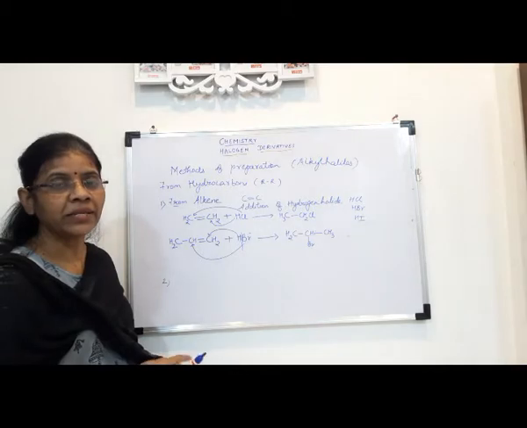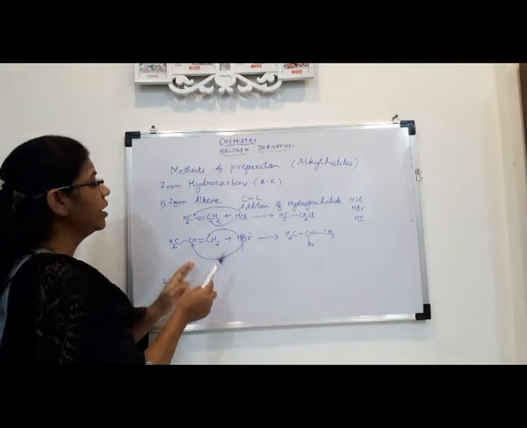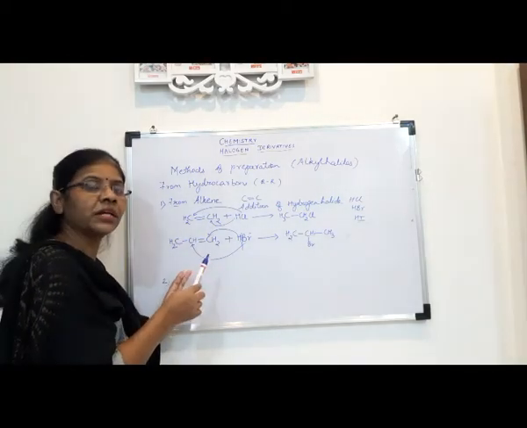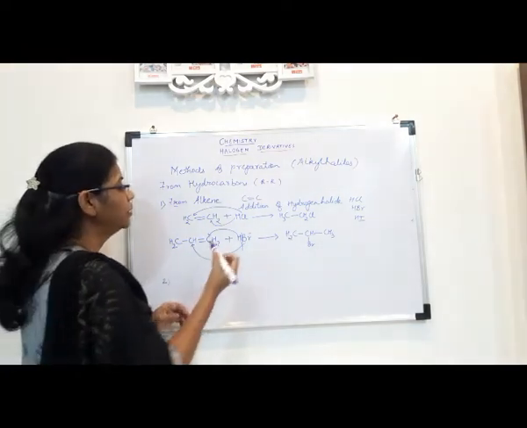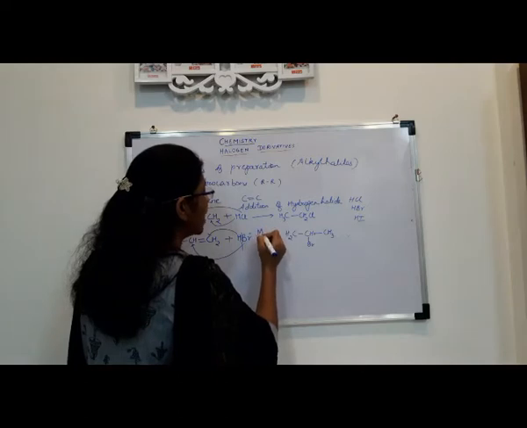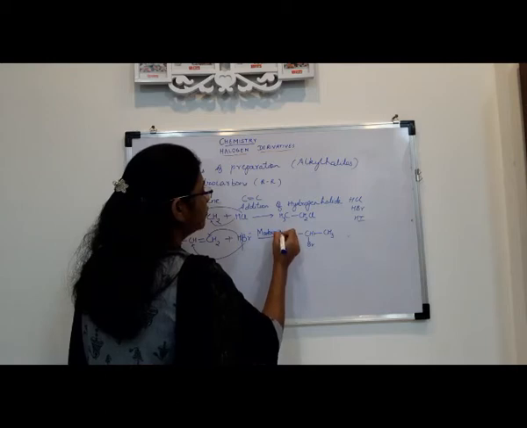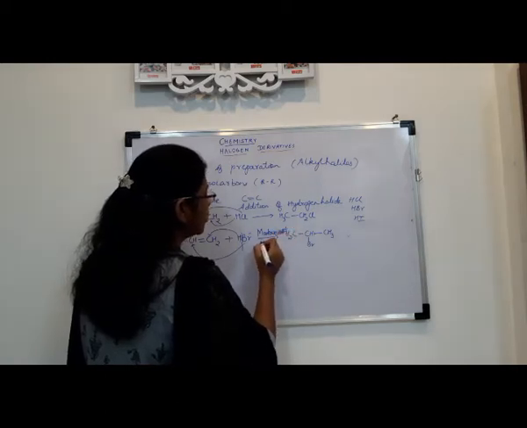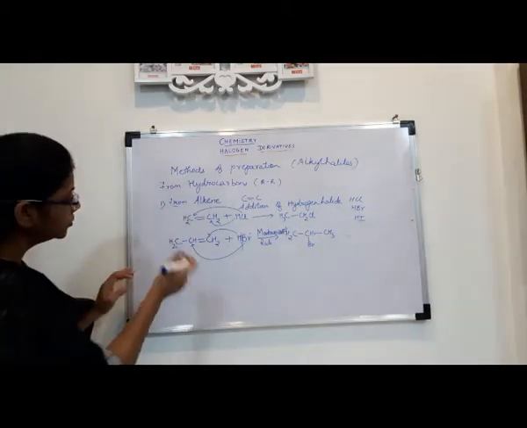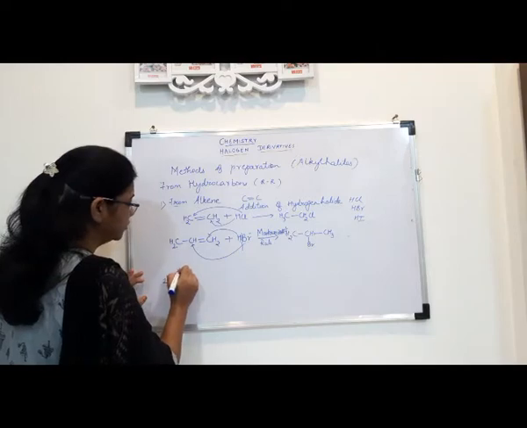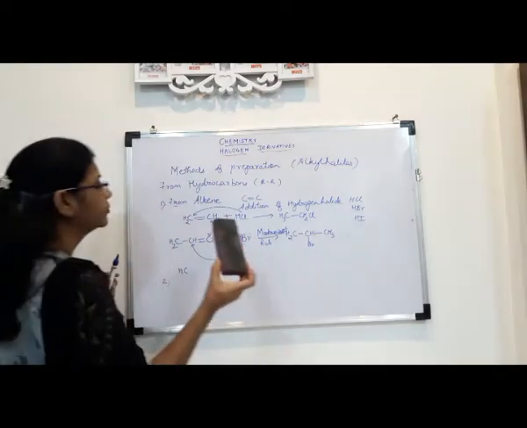Now, since this is an unsymmetrical reagent and the addition we are studying is for an unsymmetrical alkene, this question arises. And so, this addition is according to Markovnikov's rule. Sorry, this should have been CH3 here.